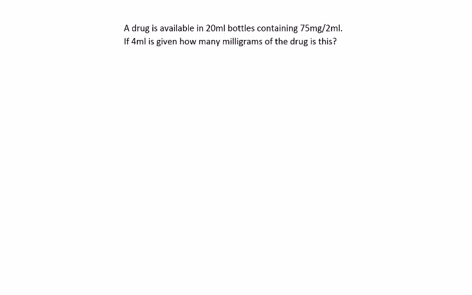Drug is available in 20 ml bottles containing 75 milligrams per 2 mils. So let's just understand this information. If the drug is available, it means this is what we have, this is what is in stock, and the concentration, the ratio, is 75 milligrams per 2 mils.